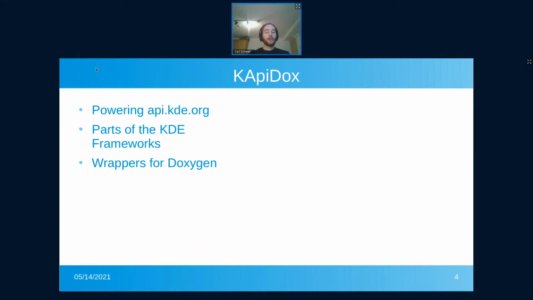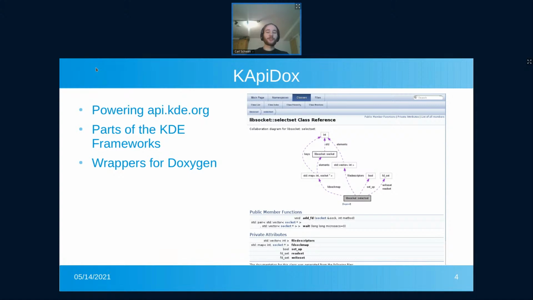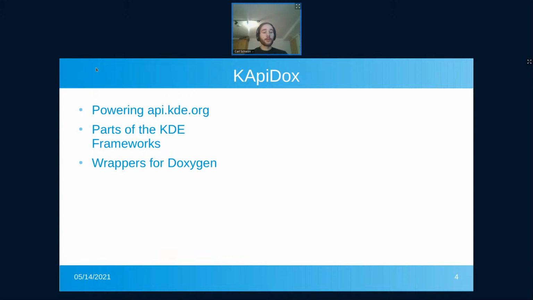And the second reason why we want to have a wrapper around Doxygen is because by default Doxygen doesn't really look beautiful, and so there was a need to create a more modern interface for the API documentation.